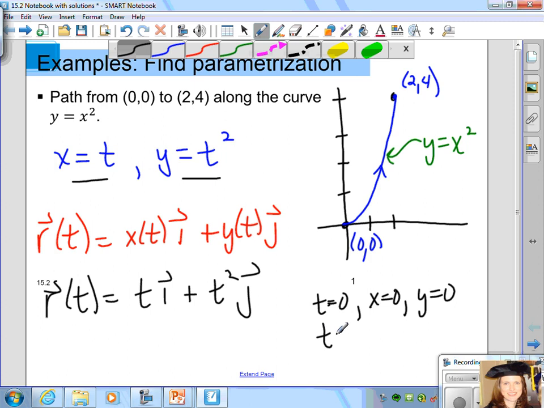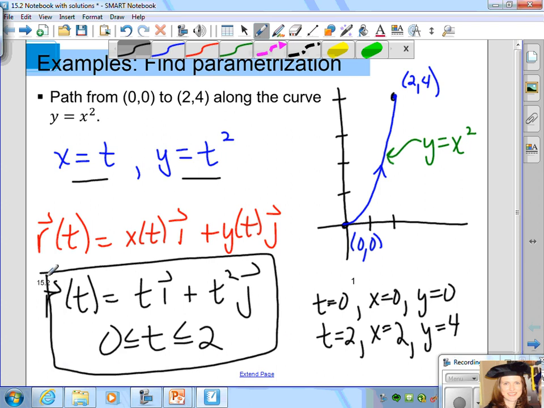At our ending point, t is equal to the value that would bring the location of x to equal 2, so t would have to equal 2. And if you plug it into the parametrizations, you get x is equal to 2, and then y would equal 2 squared, or 4. So the time interval for this parametrization is from 0 to 2.